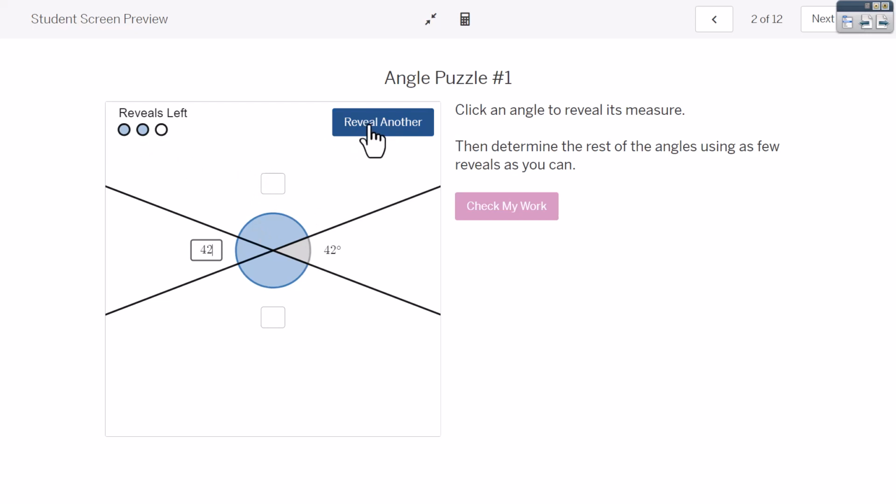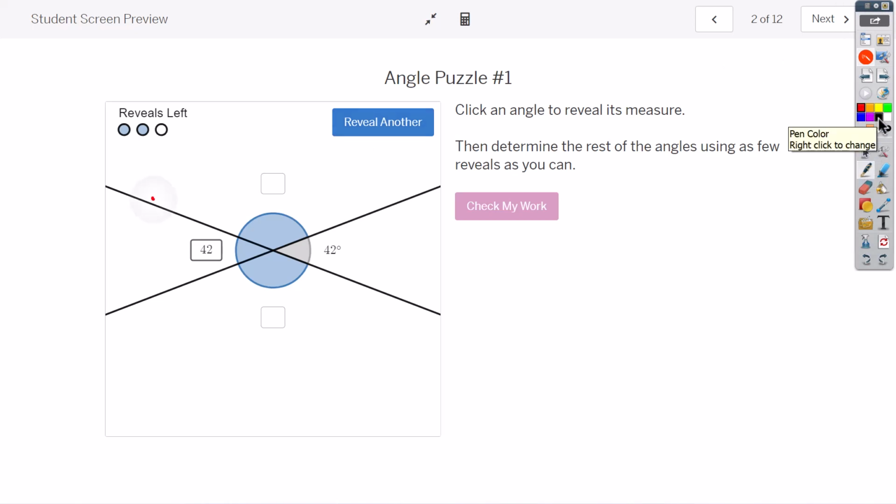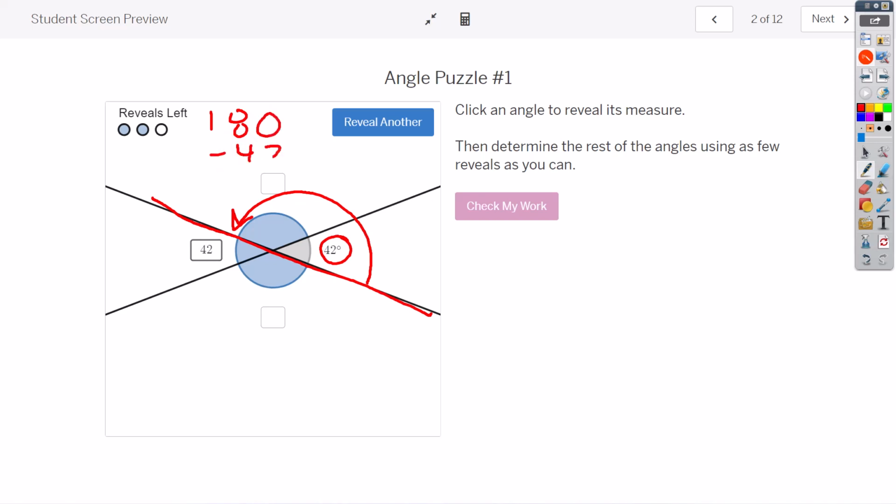If I'm stuck, I can click on another angle to reveal. I can click up here to reveal another angle measure, but I don't think I need that. Let me get a pen out here and just show you what I see. I see this straight line, and I know that these two angles together must add up to 180 degrees. I know this is 42 degrees, so if I subtract 42 from 180, I should be able to get that other angle.